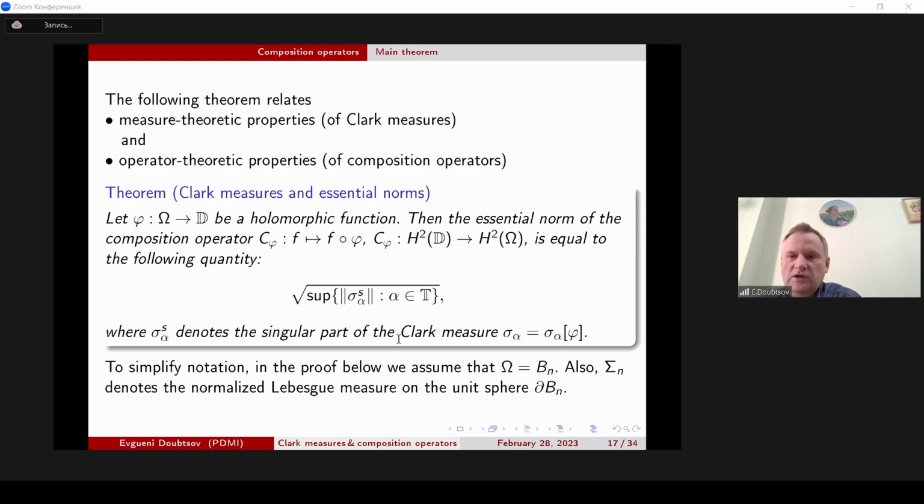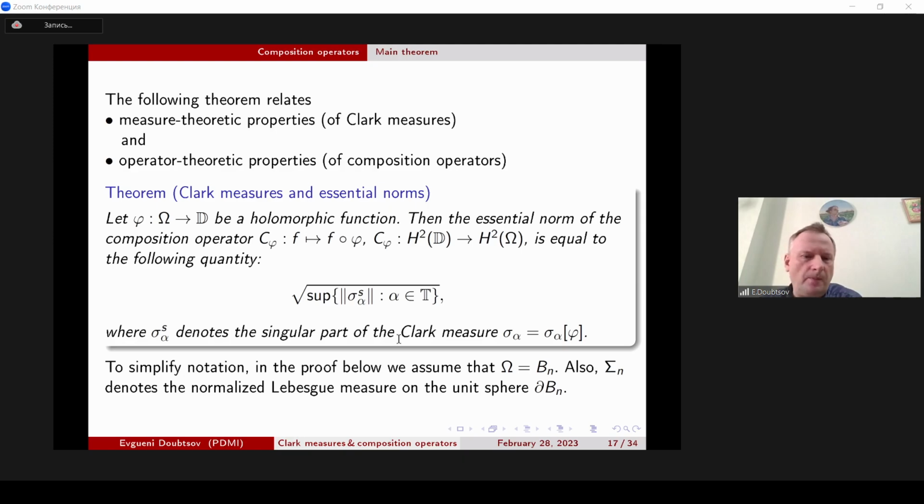So the essential norm is the square root of the supremum of the norms of sigma alpha s, where alpha goes over the unit circle. Here s means that we consider not the whole Clark measure, but its singular part, and as usual, singular with respect to Lebesgue measure.